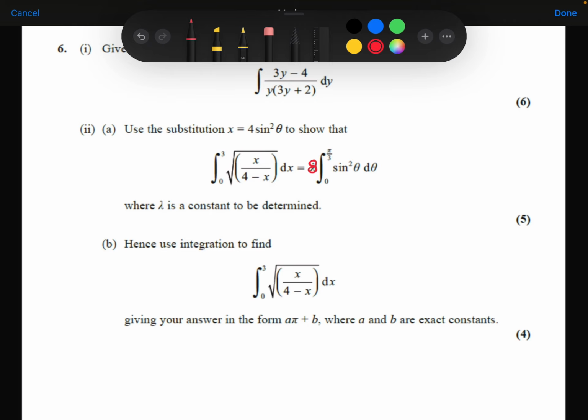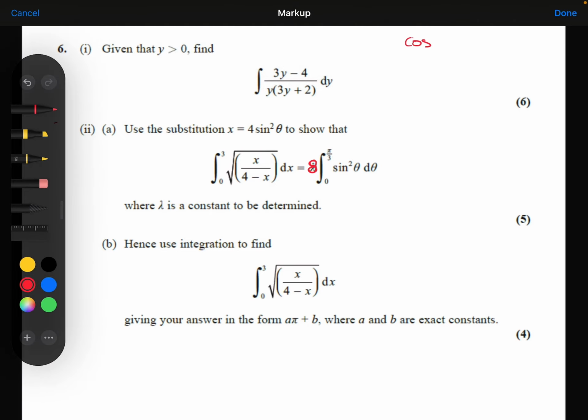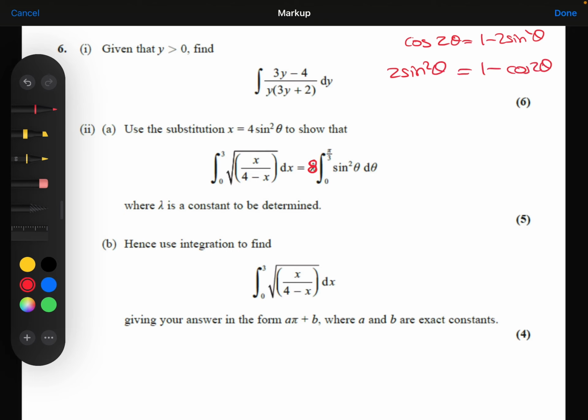So how do I integrate sine squared? Well, I use the cos double angle formula. Remember that cos 2 theta is equal to 1 minus 2 sine squared theta. So therefore sine squared theta is equal to 1 minus cos 2 theta, all over 2, so sine squared theta is equal to 1/2 minus 1/2 cos 2 theta.